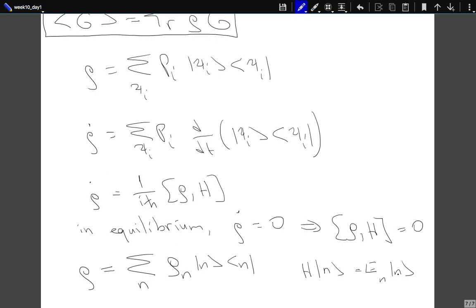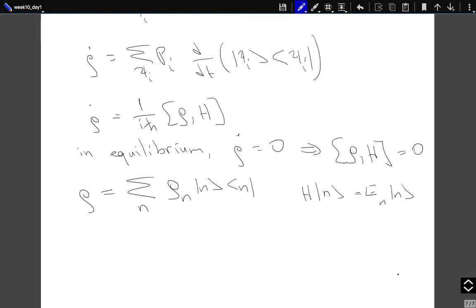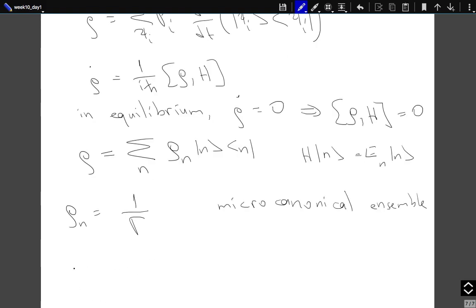Then what is rho n? And now we have all these different ensembles. The rho n is equal to 1 over gamma. This is the microcanonical ensemble. It's just constant, independent of n.